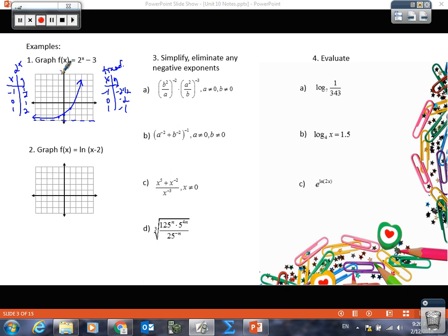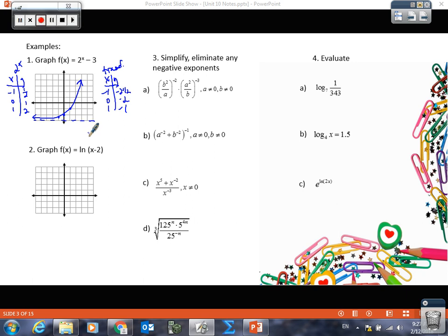Okay, and so the parent's asymptote is at the x-axis. The only thing that would move the asymptote is a y shift. The only thing that would move the exponential's asymptote is a y up or down shift. Nothing else would move it. This has a y downshift of 3, therefore my asymptote shifted down 3.